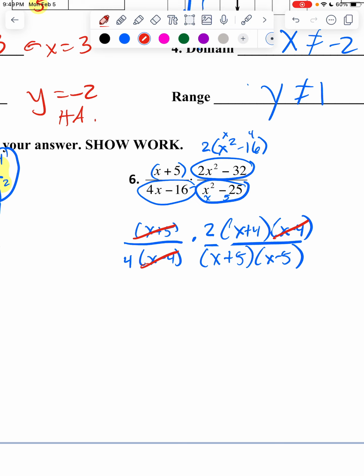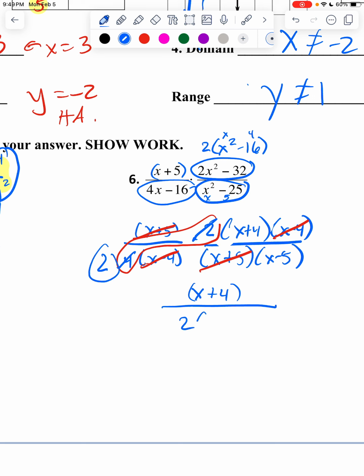Here I have an x plus 5 and an x plus 5 on the bottom. On the outside I have a 2 and a 4. So that'll reduce like it always has to a half. So that'll cancel and this will become a 2. So the only thing I have left on top is x plus 4 with or without parentheses. It doesn't matter. On the bottom, I have this 2, and then I still have an x minus 5. So then this is going to be my final answer.